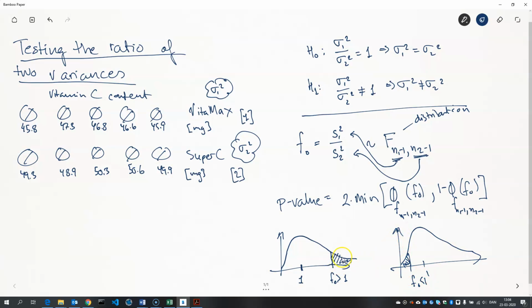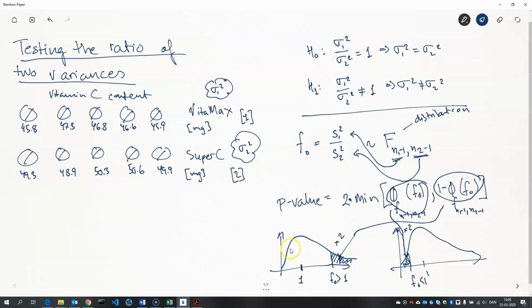In this case, this shaded area is given by that number here, whereas this area here is given by this number here. And we want a formula that's working for all cases, and that's why we have to choose the minimum of these two values, because it's always the small area that we're interested in. And then we multiply by 2 if it's a two-tailed test. So we get this area multiplied by 2 to get the p-value.